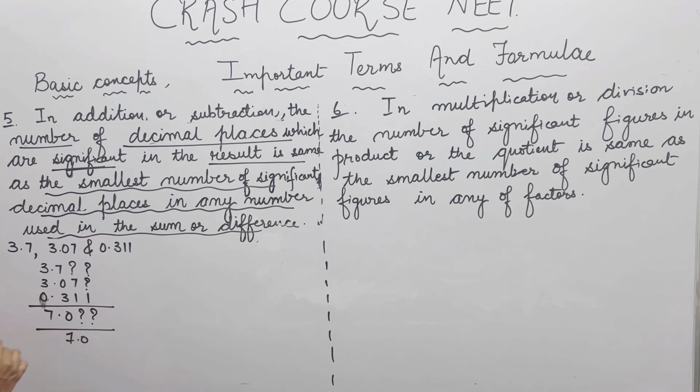Now if you look at the terms that we have added and the answer we got after addition, this has only one term accuracy, this has two terms accuracy after decimal, and this has 3. In the addition, the result has an accuracy equivalent to the least accurate term. So we got a conclusion.